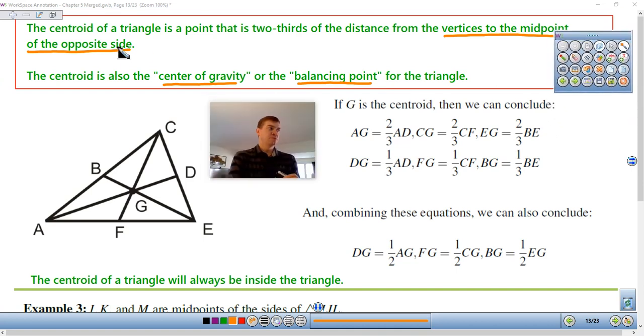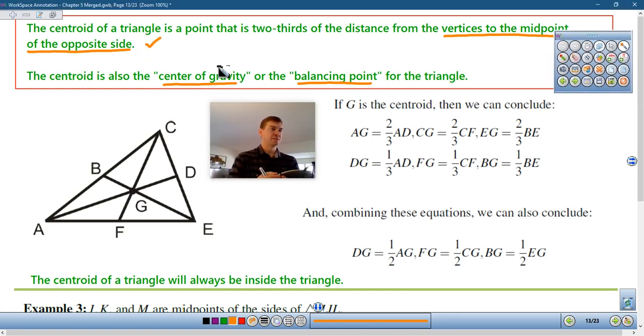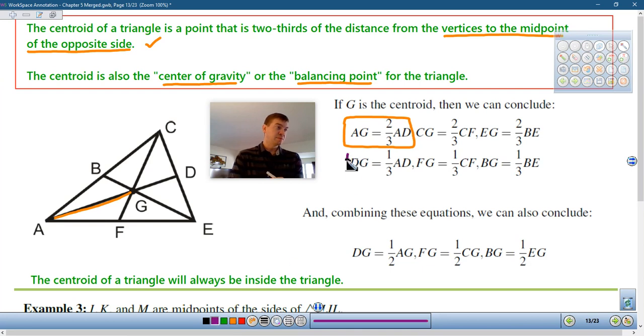So let's talk about the first part again, because that's the more confusing part. For median AD, AG is 2/3 of AD, and that's what this is saying right here. Which means that GD or DG is the remaining 1/3 of AD.